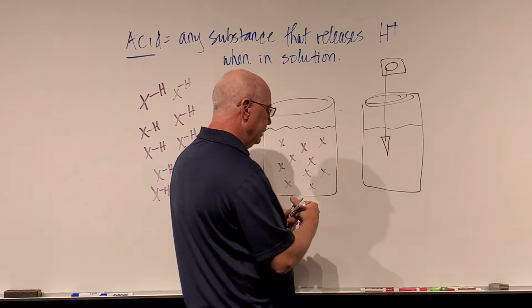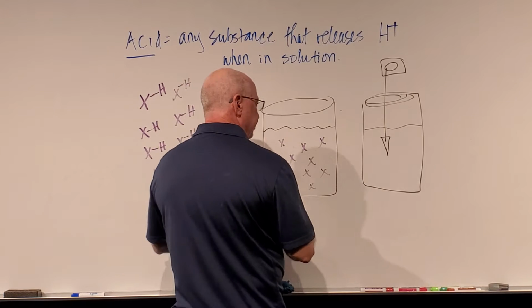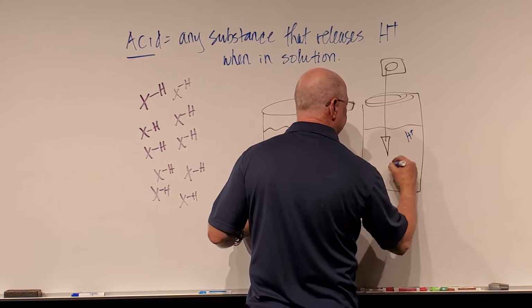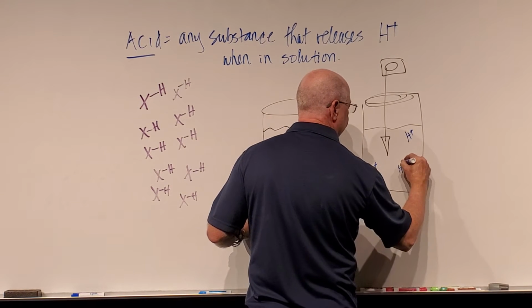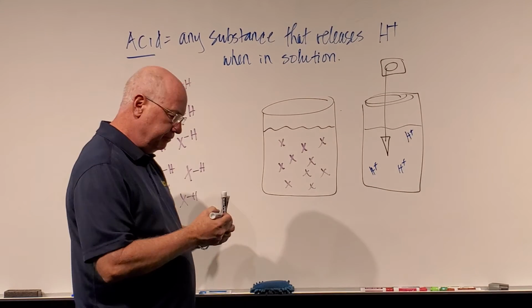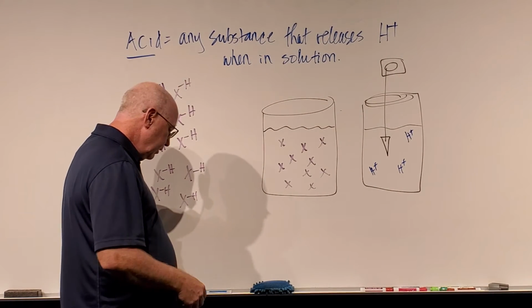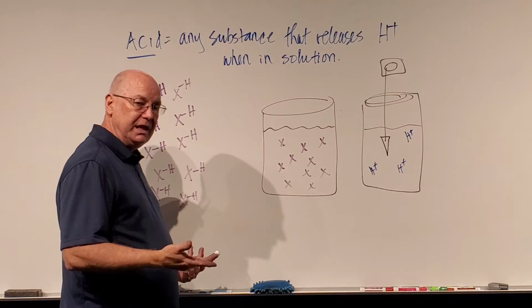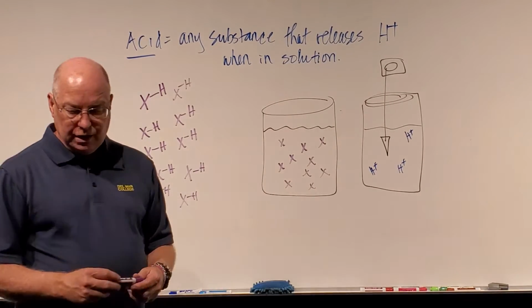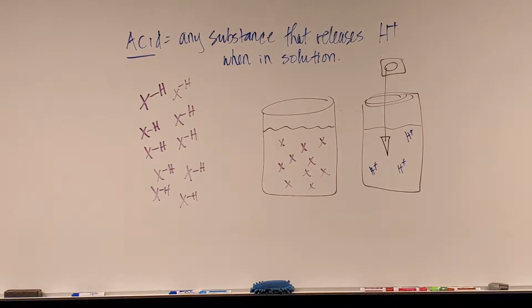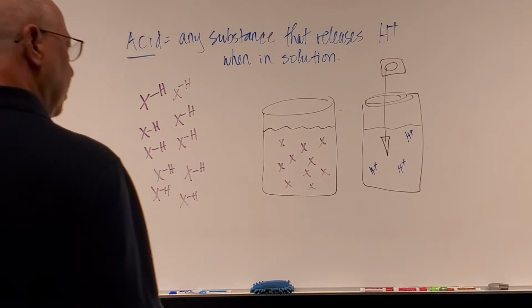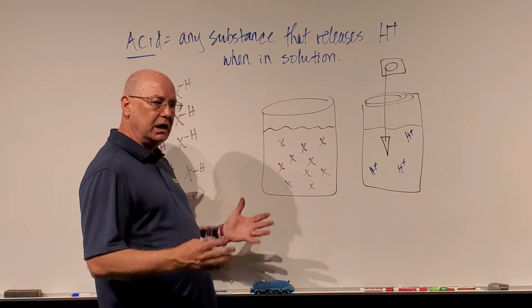I mean, literally, there's a couple of hydrogen atoms floating around in here previously that are not attached to another molecule. They're just floating around by themselves. Well, I have a machine called a pH meter that can measure how many of those hydrogen atoms are there. And while this is not exactly how it works, this at least gets the concept across.